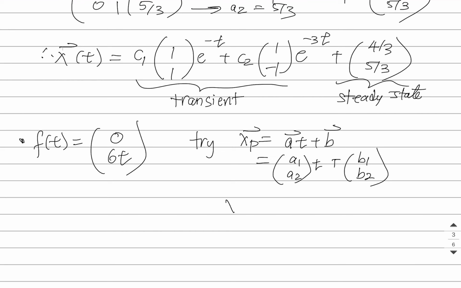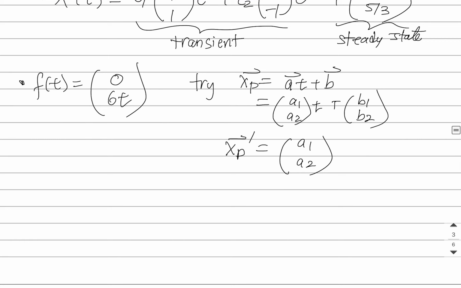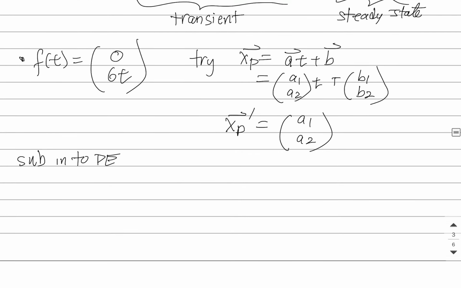Differentiating is going to be required, so when we take xp prime, this time we aren't going to get a strict 0. The t term is going to give us a contribution, and we have to sub this into the DE. When we sub this into the DE, we have to make sure we account for everything properly. So the x prime term is going to give us a1, a2.